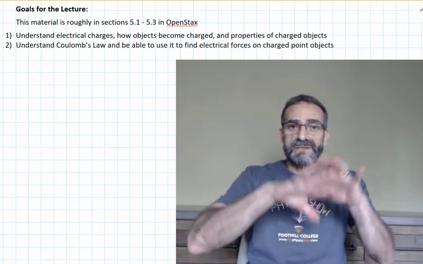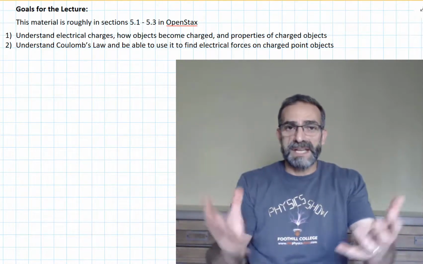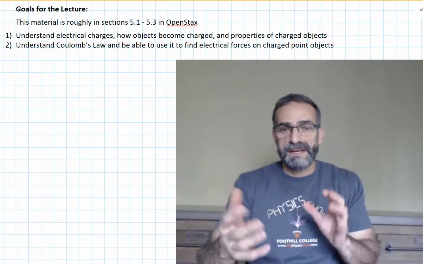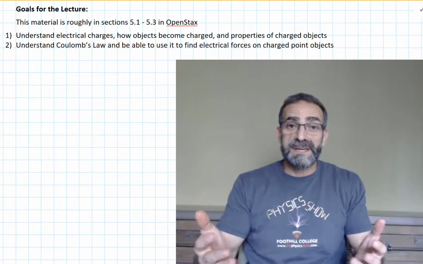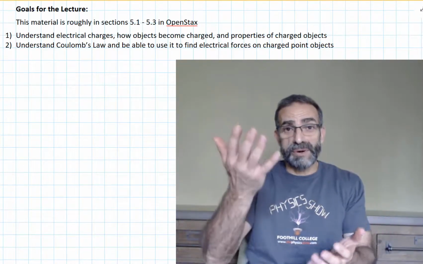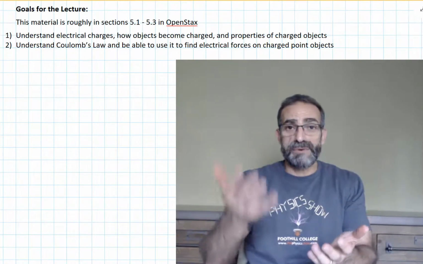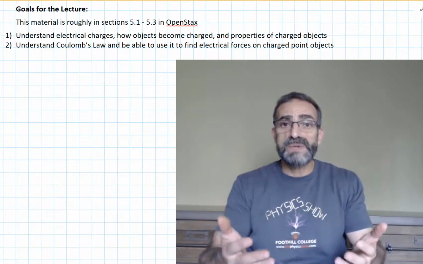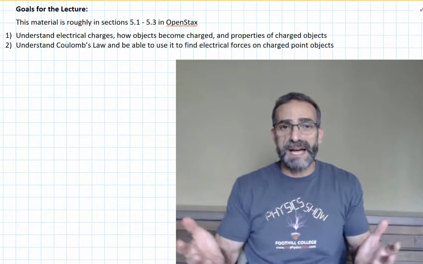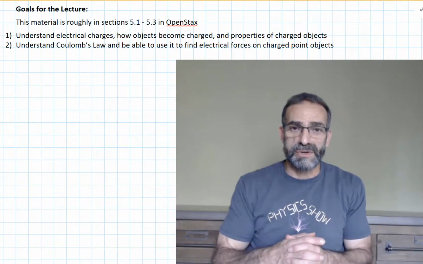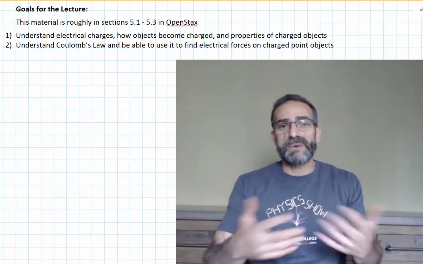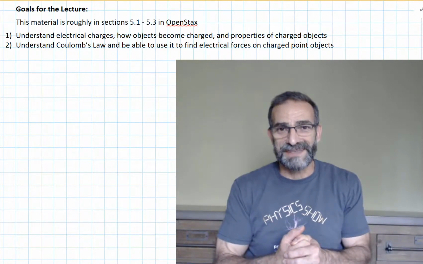The electrons form a cloud around the outside of the atom. Now, most of the time, we have the same number of protons and electrons, the same number of positives and negatives. So most of the time, we're dealing with objects that are electrically neutral. And they don't interact very strongly because of that.